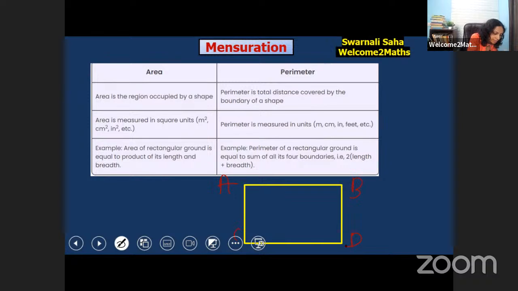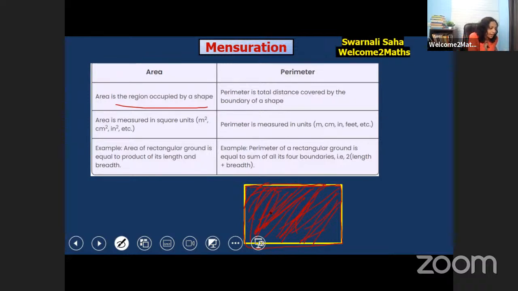This is called perimeter. In this way, we have to find the perimeter, the boundary. And area is the region occupied by this shape. That is the difference between area and perimeter.